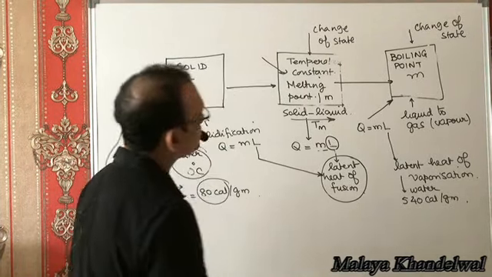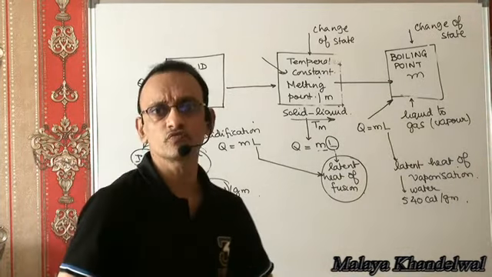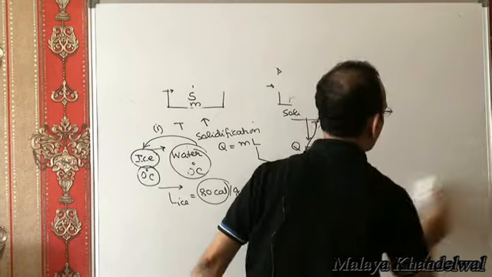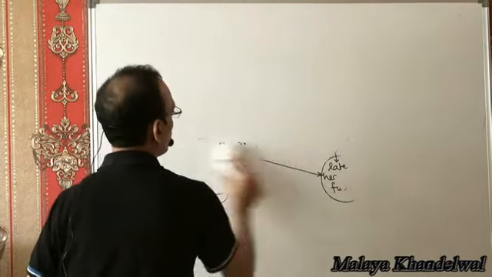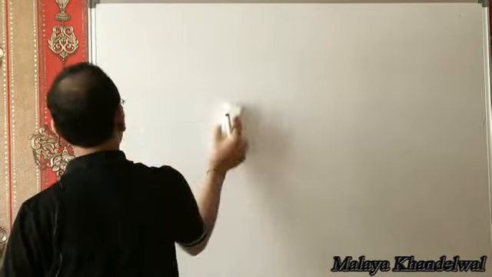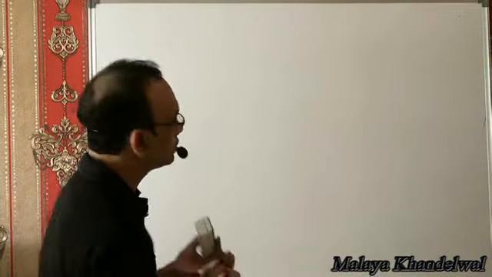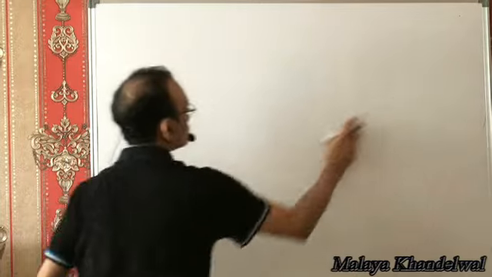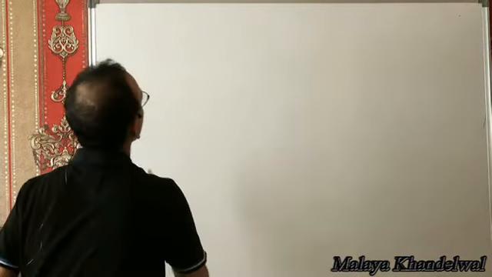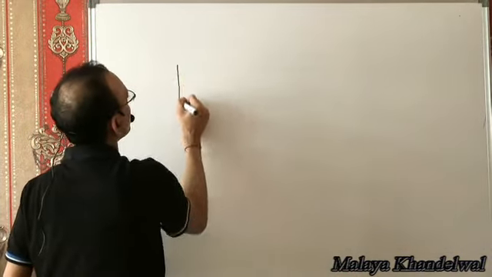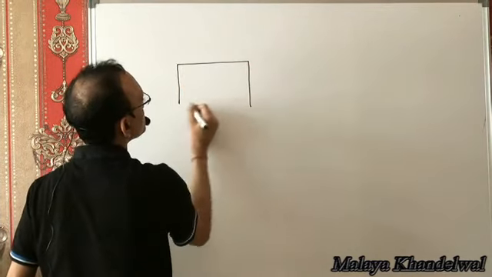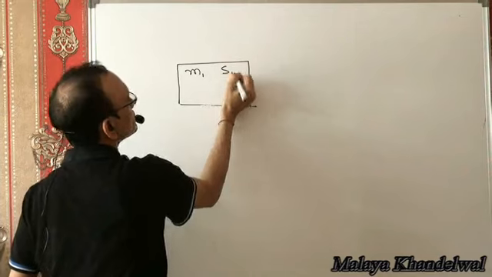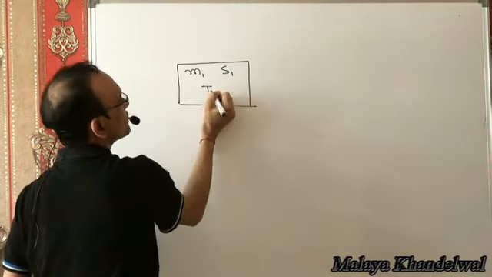And one last bit in terms of calorimetry which you might want to know, so that we can get started with some basic problem solving, is the following. This is what you must know. If there is heat transfer between two substances, there is mass m1, specific heat s1 and temperature T1.